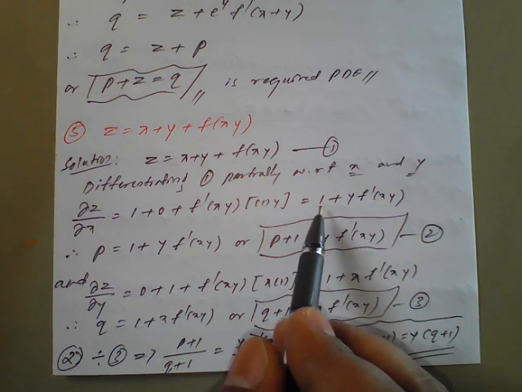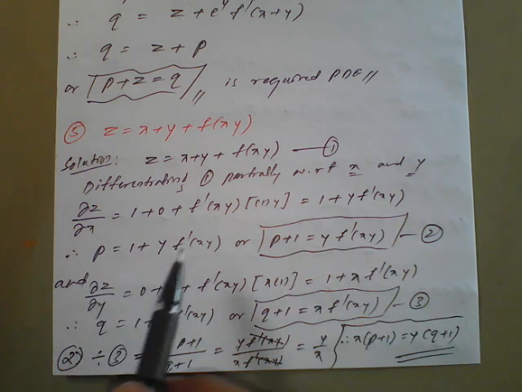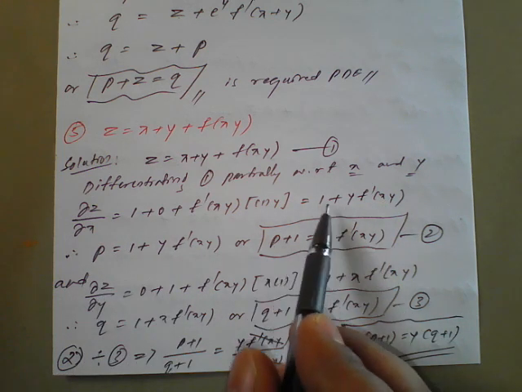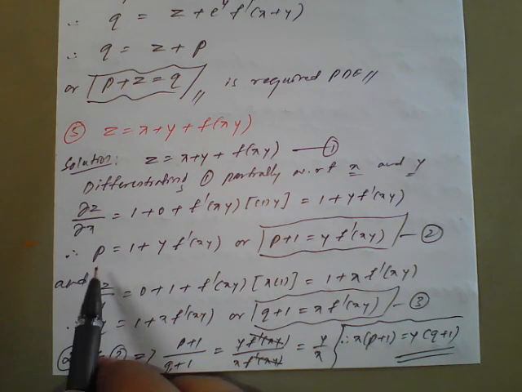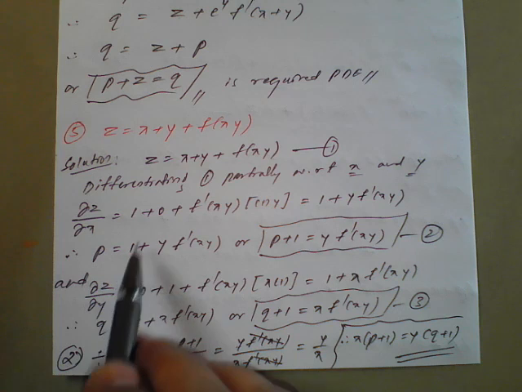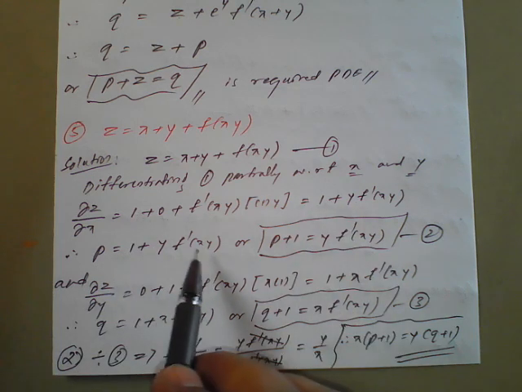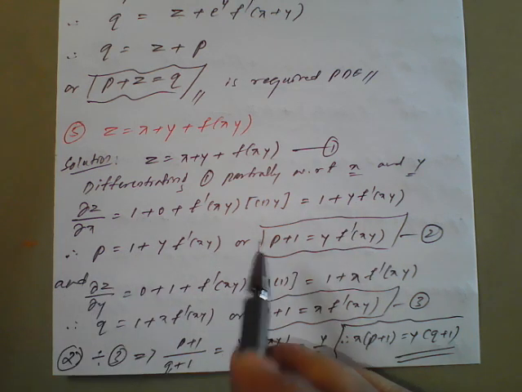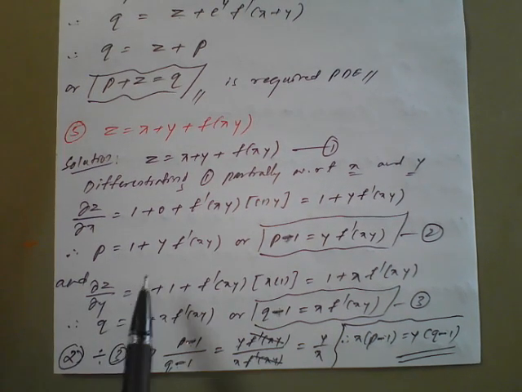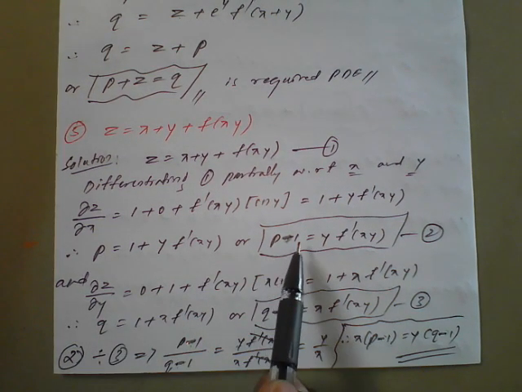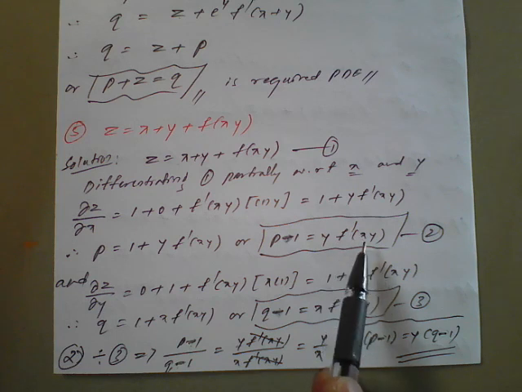You shift this 1 to the left hand side, so it will become p minus 1, where I have mentioned dou z by dou x as p, is equal to y of f dash of xy. Give equation number 2.